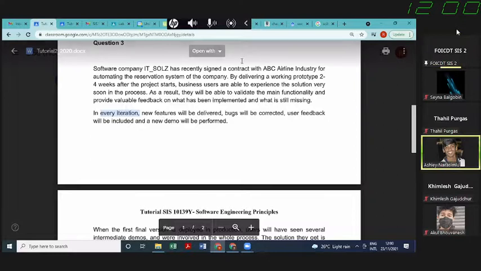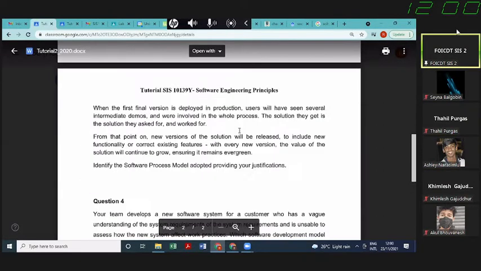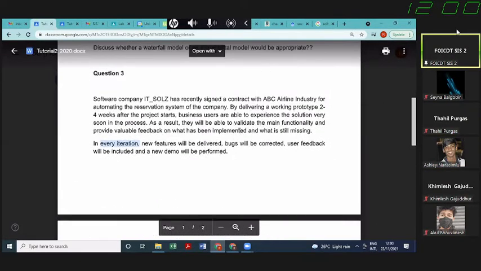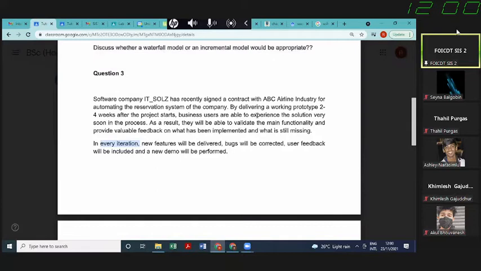Okay, so incremental prototyping I would accept. Agile methodology is also accepted, but you have to provide the justification. You mentioned agile perhaps due to the fact that the working prototype is 2 to 4 weeks after the project start, which is very rapid, and agile focuses on this. In agile, you don't have to get all the requirements ready before you can start development.